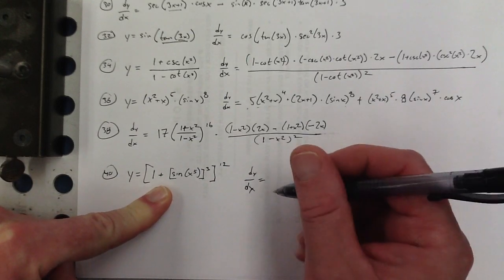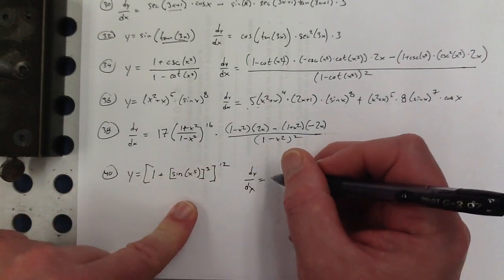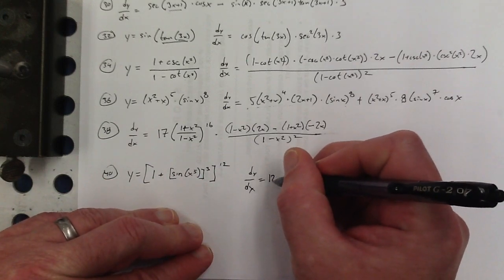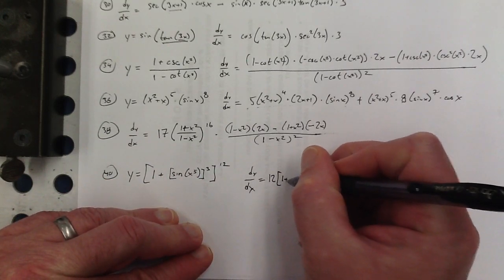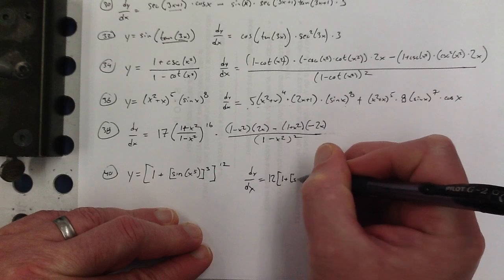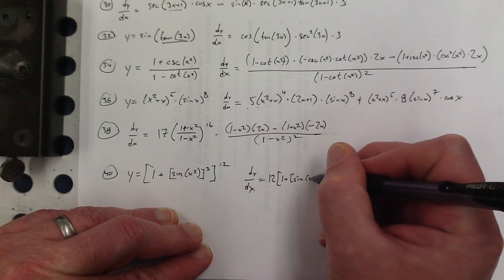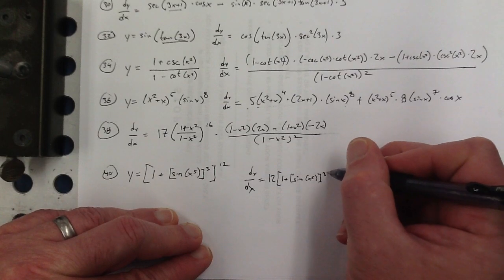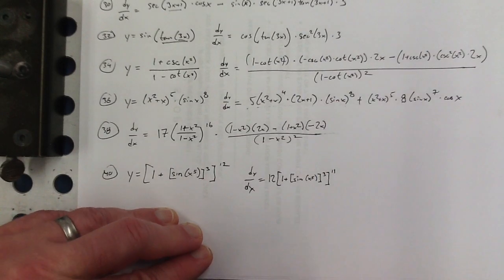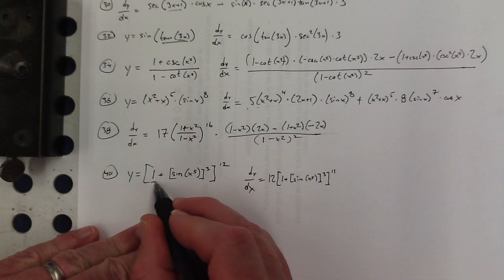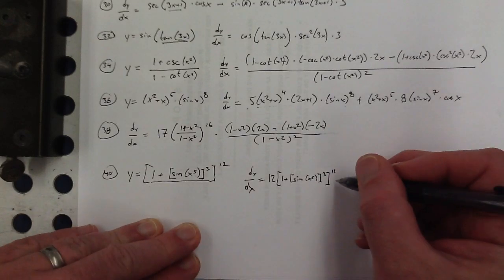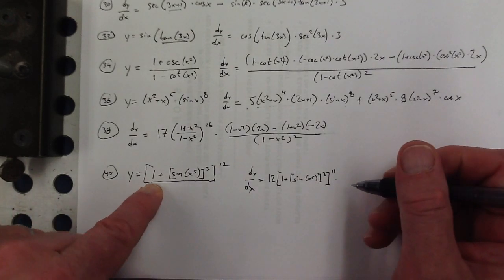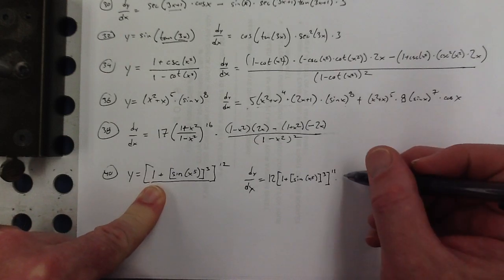Oh, time's up. So derivative of something to the 12th is 12 times that thing to the 11th times the derivative of what's inside. So the derivative of what's inside that 1 is gone.